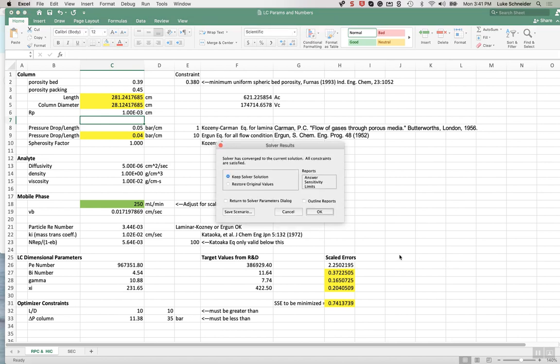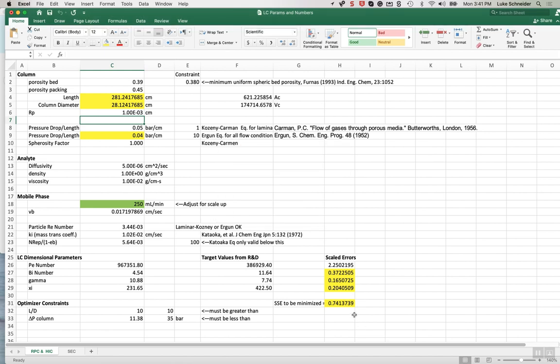But here I've gotten a lot closer to my values, and I'm still well within the constraints, and I only had to increase the column length a little bit, from 2.25 up to 2.81 meters, and the diameter is a little bit better at roughly a quarter of a meter.